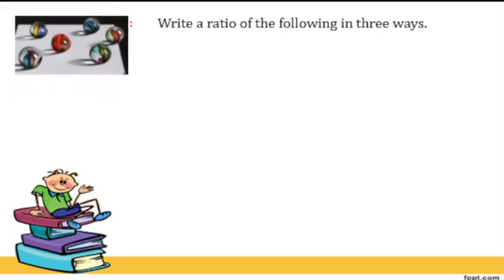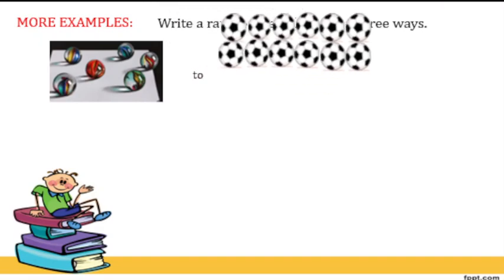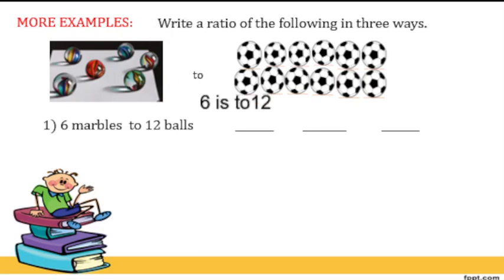So we have the marbles compared to balls. There are 6 marbles compared to 12 balls. To write that in word form, that is 6 is to 12, and then by colon, that is 6:12, and in fraction form, that is 6 over 12.